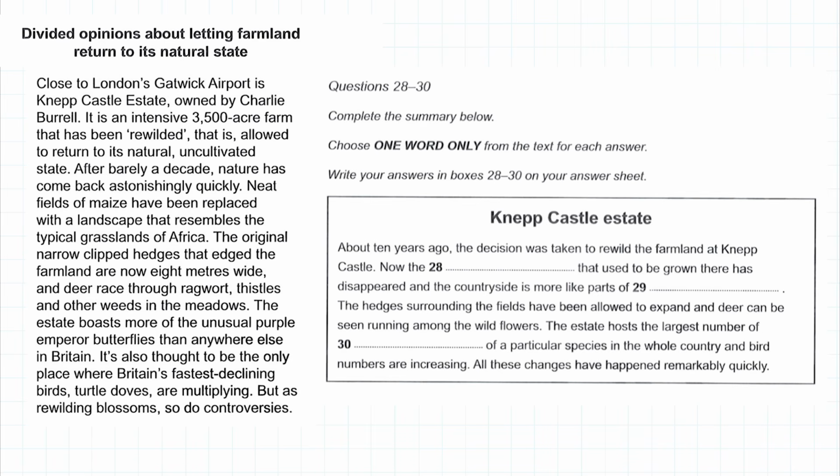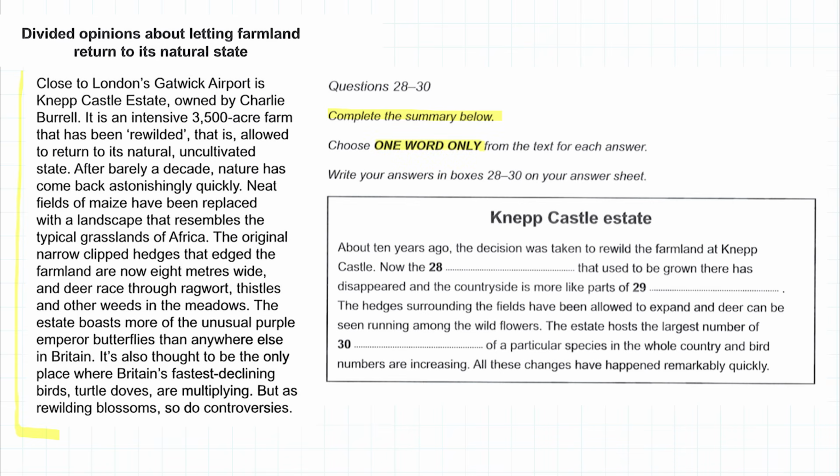Whenever you have a task where you need to complete a summary, we know that all the answers will be close together, so all of them are actually in the first paragraph of the passage. So I've copied it for you. And we're looking for one word only.